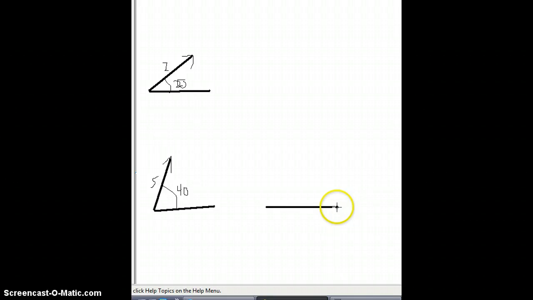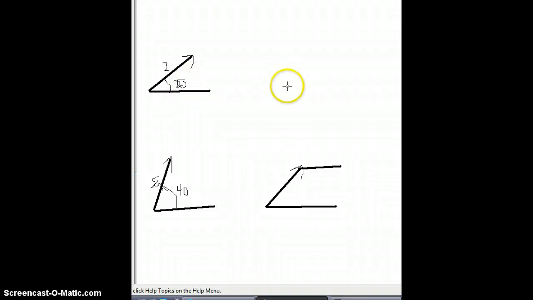To subtract, let's say this one from this one, you make your original 40 degree, 5 centimeter vector. And then from that point, you have to put this vector in, but you have to add 180 degrees to it.